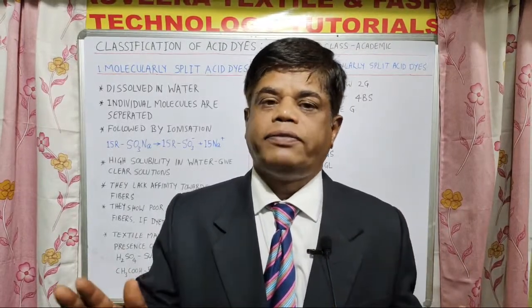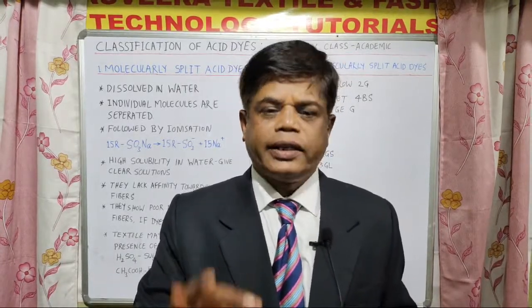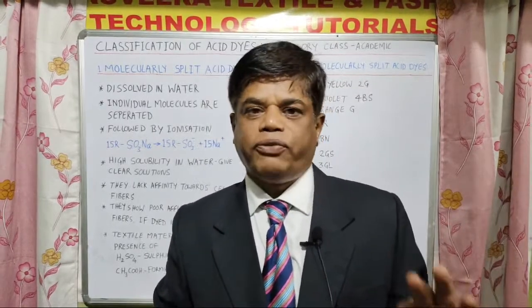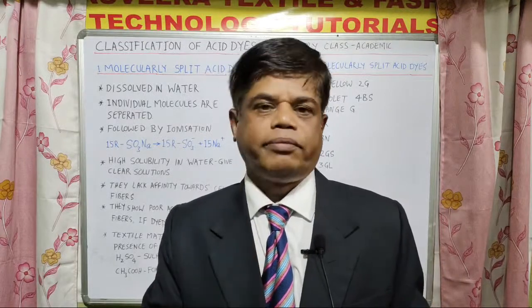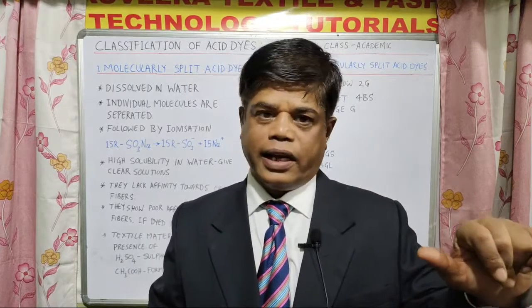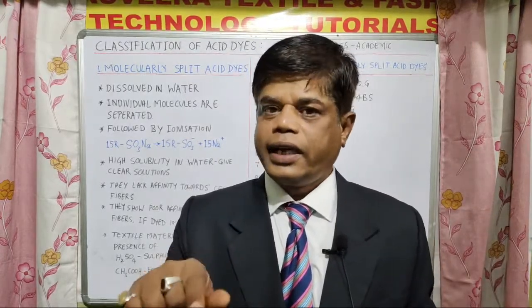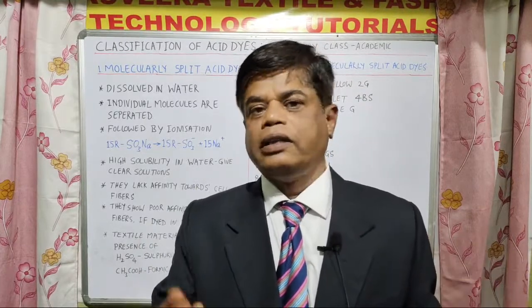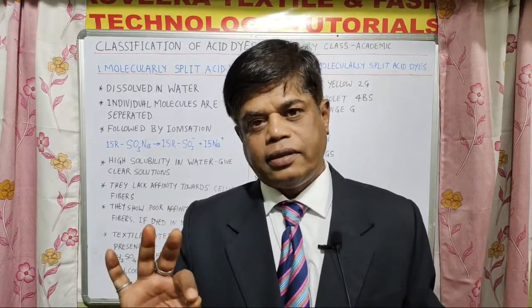Acid dyes are classified in different ways. For example, textile fibers are classified as animal fibers and vegetable fibers. In another category, fibers are classified as natural fibers, regenerated fibers, and synthetic fibers.